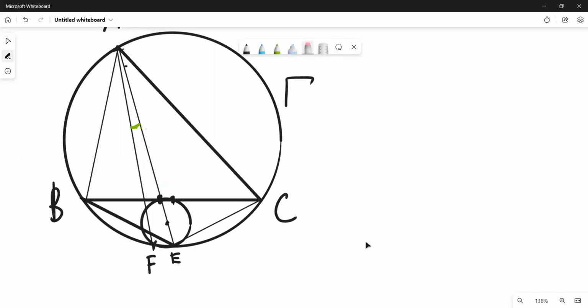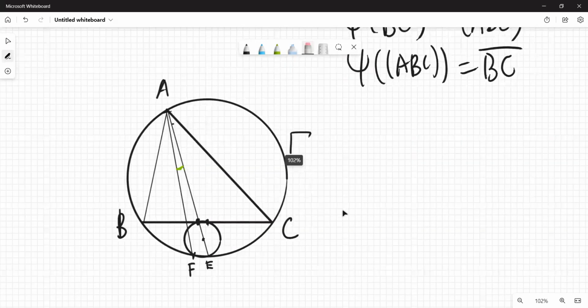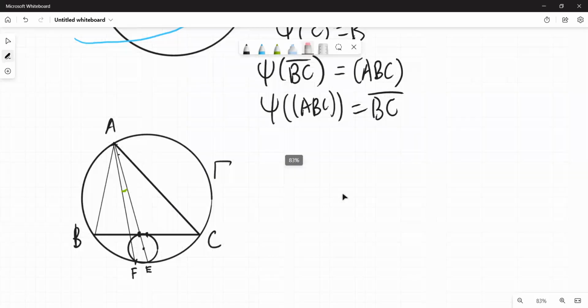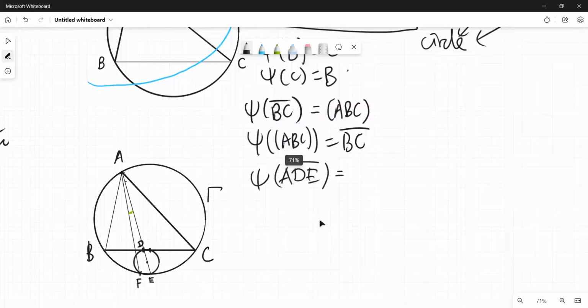Okay, so let's see. Where does E go? This is D here. So let me ask, where does AD go? I mean this line AD, or the line ADE of it as well. Where does the whole line ADE go?